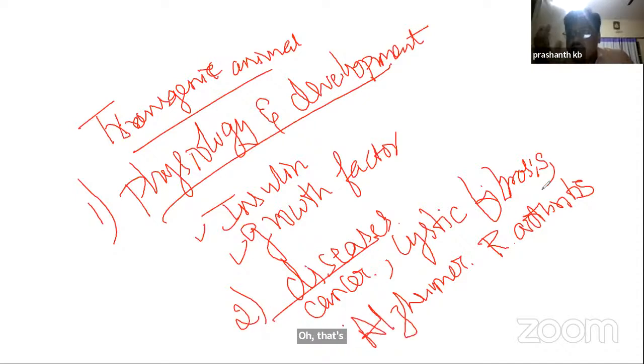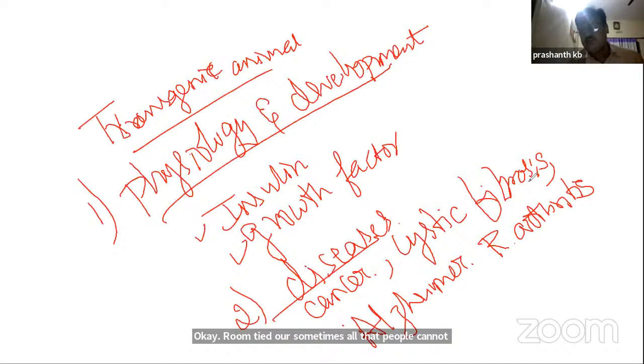If that mucus is not produced, then you are suffering from cystic fibrosis. Alzheimer's: brain related, memory loss. Rheumatoid arthritis: sometimes older people cannot walk. Their knee joint becomes stiff because of the lack of synovial fluid. So they cannot walk. They are bedridden.